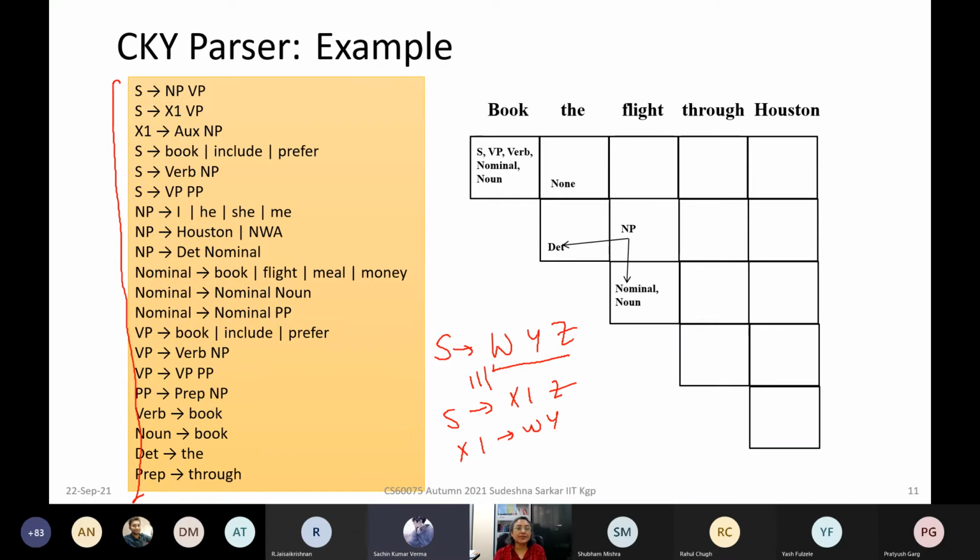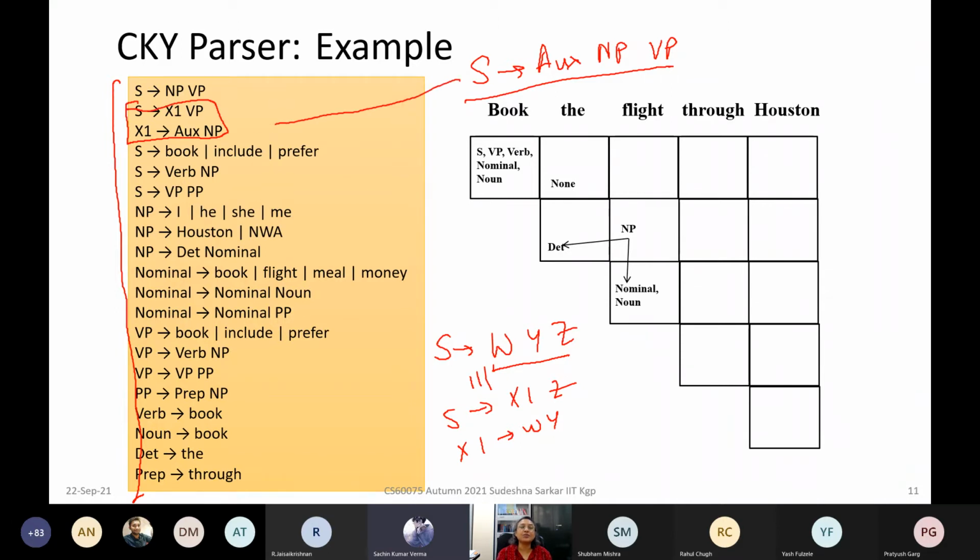For example, in the original grammar, there was this production S goes to Aux NP VP. So instead of this, we have now rewritten this into this.